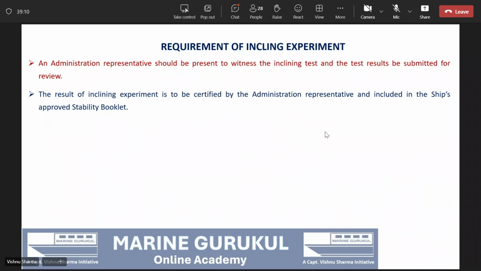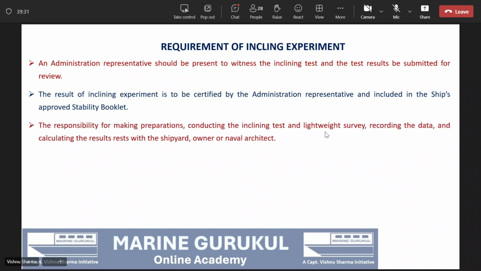The result of the inclining experiment is to be certified by the administration representative, and the same is included in the ship's approved stability booklet. If you see later on in the ship stability booklet, there is an inclining test report included in your stability booklet also.